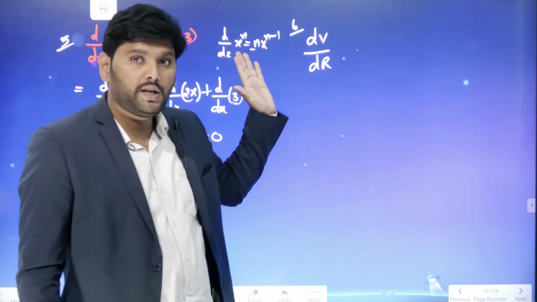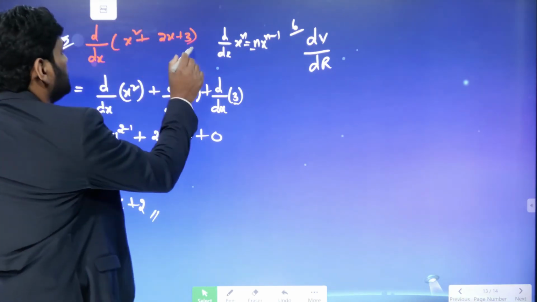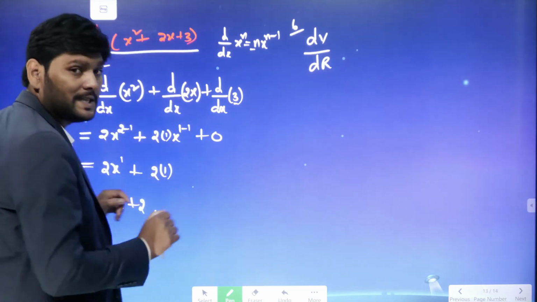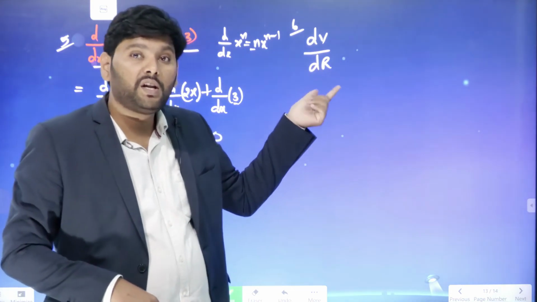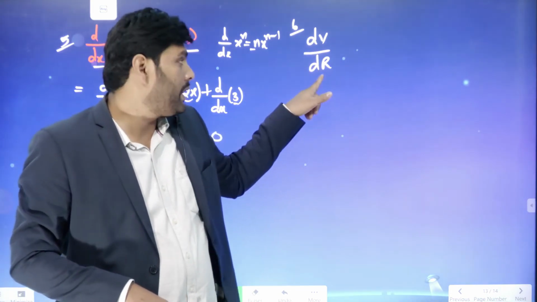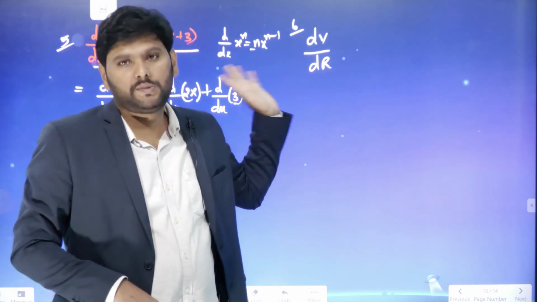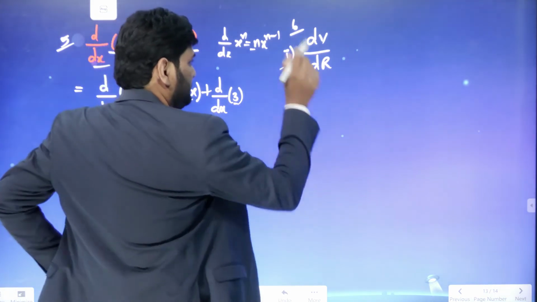In the earlier cases we were doing differentiation of the function with respect to x, but now we are doing differentiation of volume with respect to r. That is nothing but the rate of change in volume with respect to r. Okay, this is our first question.